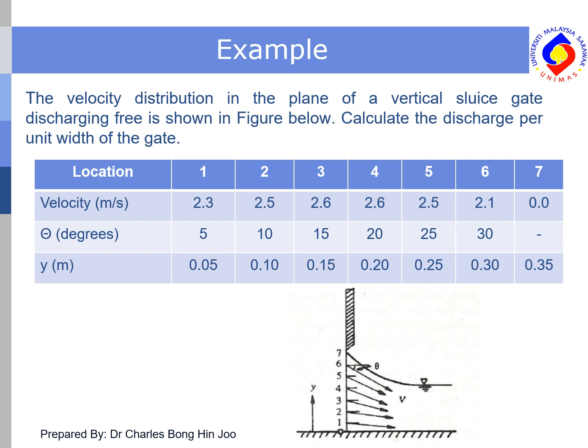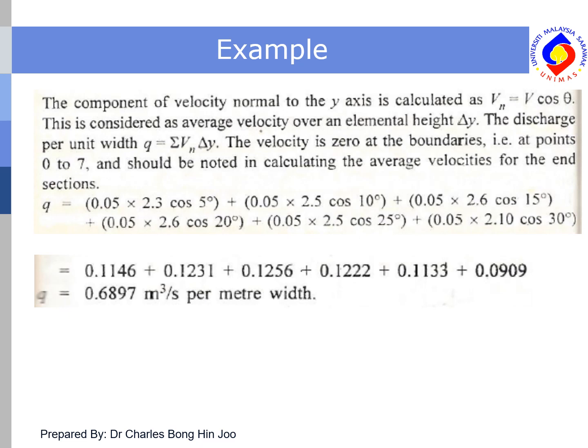Let us look at this example. In this example, the velocity distribution in the plane of a vertical sluice gate discharging freely is as shown in the figure below. You are to calculate the discharge per unit width of the gate with the information given in the table. The component of velocity normal to the y-axis is calculated as Vn equal to V cos theta.